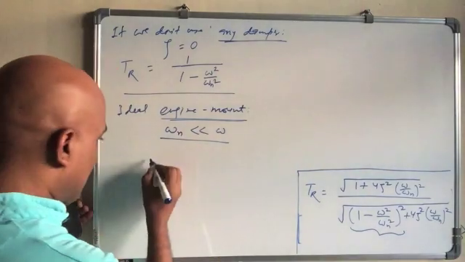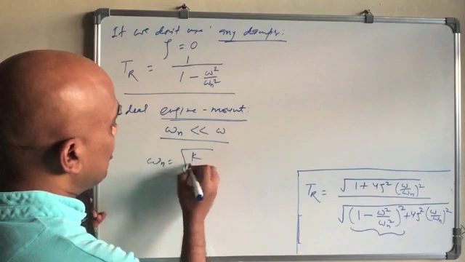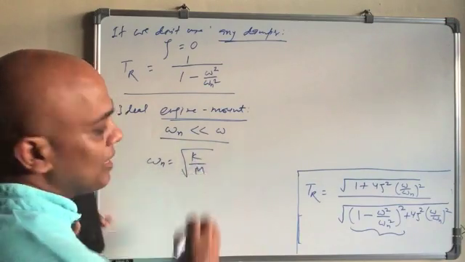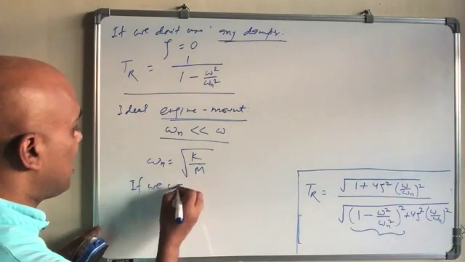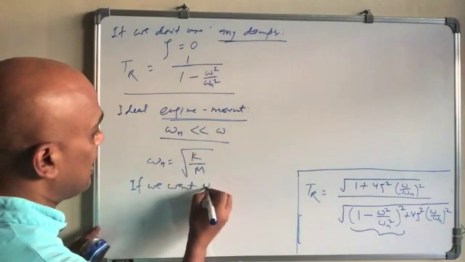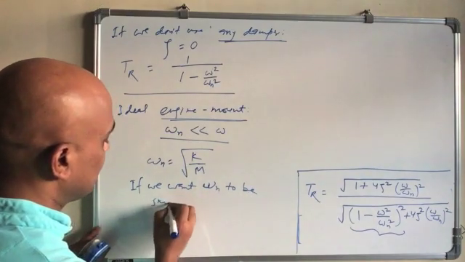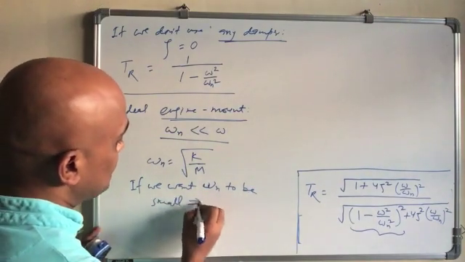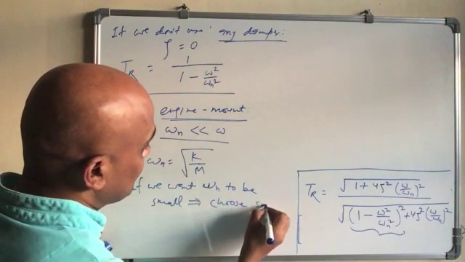So we know that omega n is equal to root k over m, and that tells us if we want omega n to be small, okay, choose a small k, right?